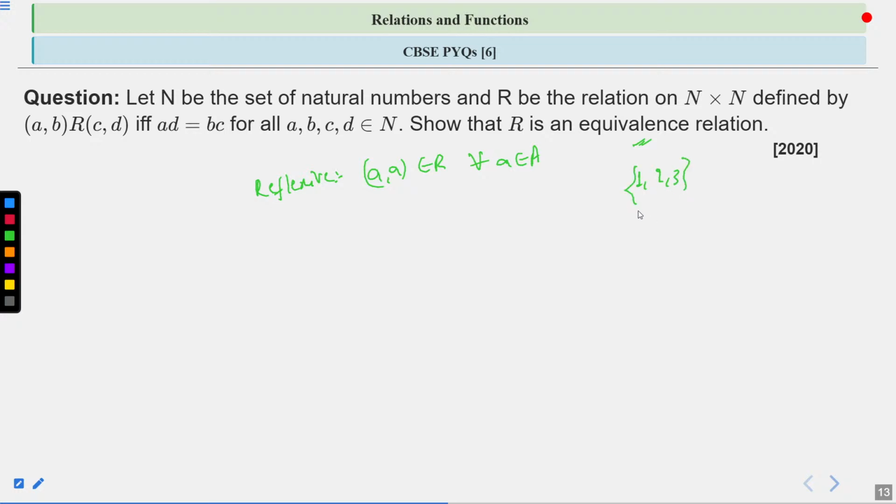Then for the relation from A to A to be reflexive, it must contain (1, 1), (2, 2) and (3, 3).